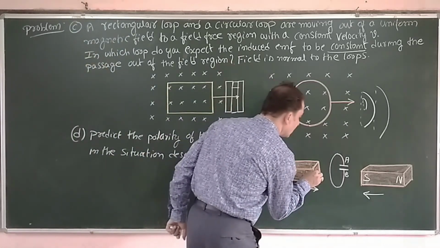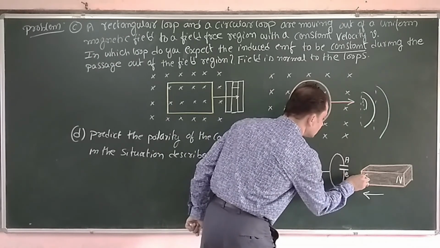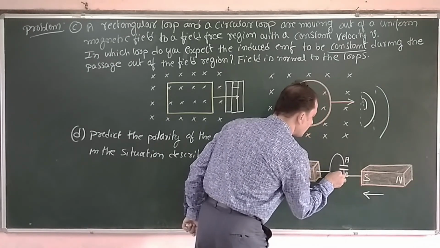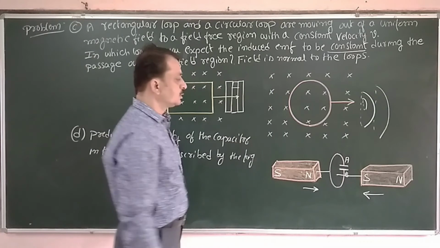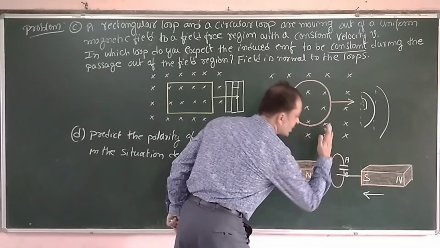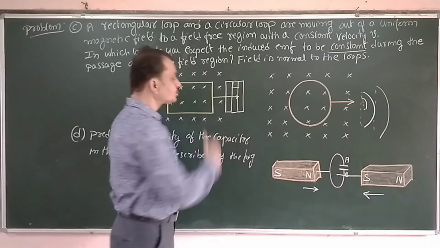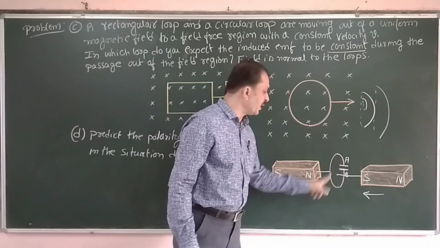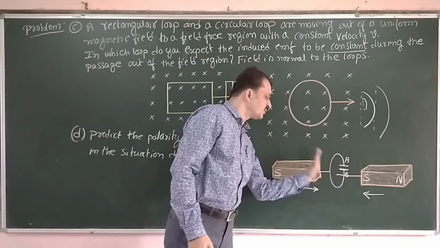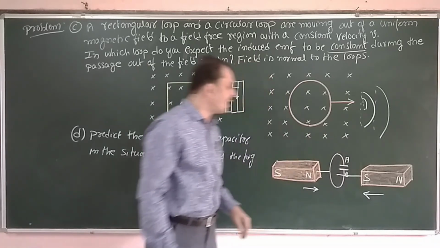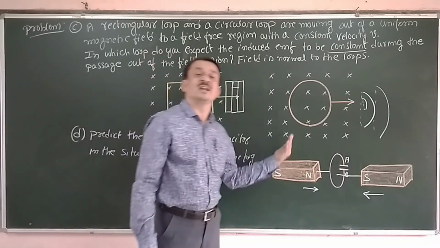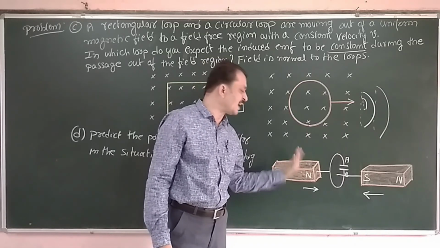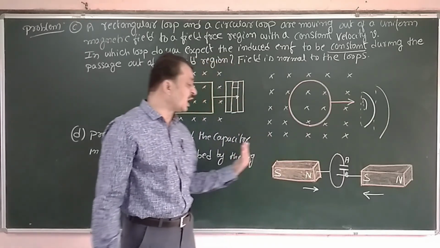Now here they have marked like this. That means the loop is placed along this direction. Now since this north pole is moving, this portion of the loop has to behave as a north pole.